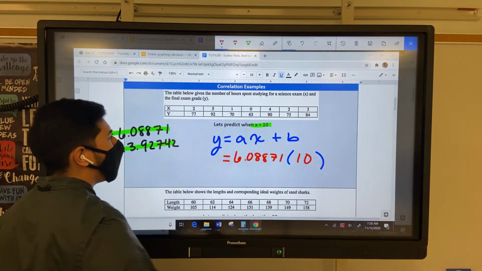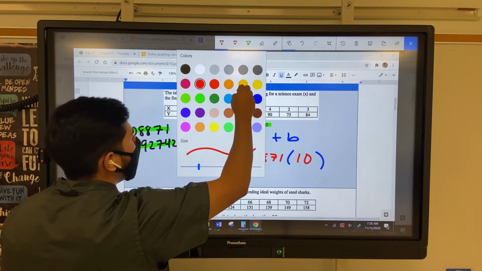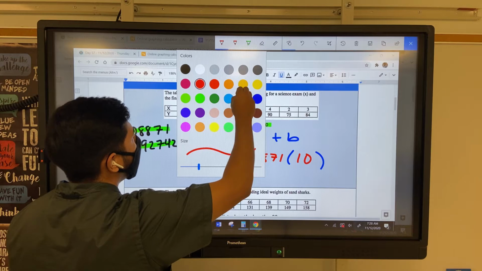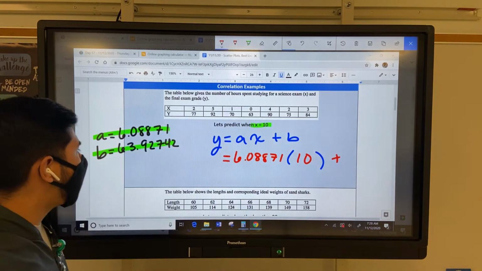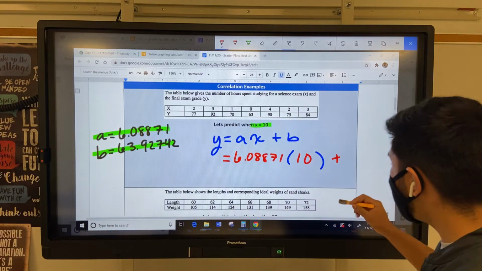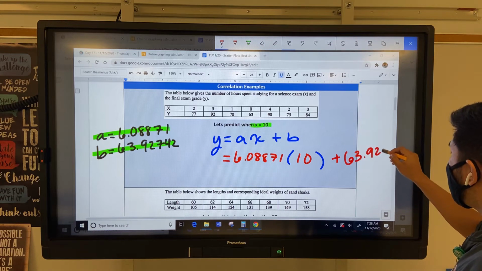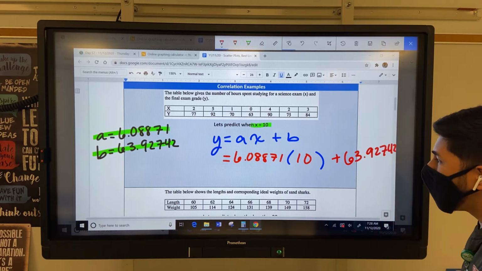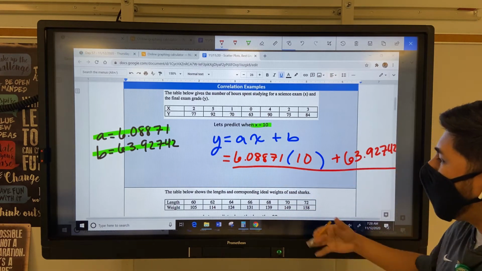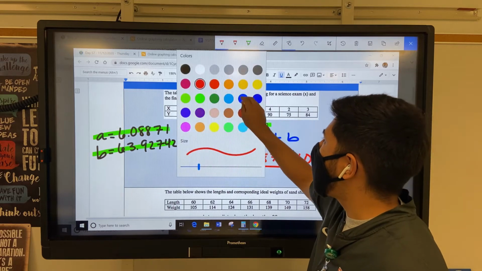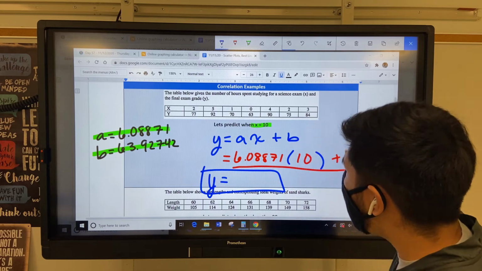I got 10 from right there, the highlighted part, and then plus 63.92742. It's a lot, I know. And then we're going to put this in the calculator so I could get my y equals answer. Because I need to find out what value is for 10.